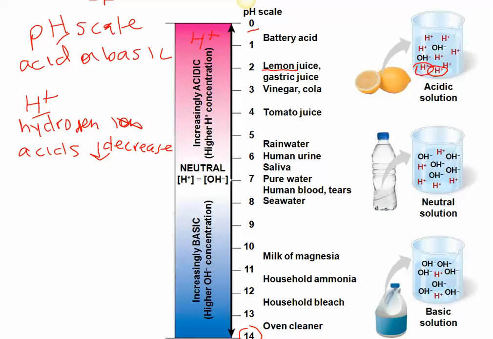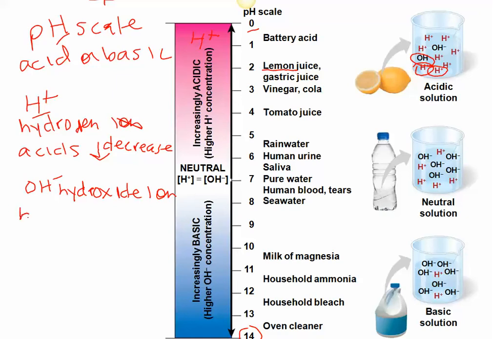But we notice there's another type of ion in the solution, OH negative. And OH negative, that is the hydroxide ion. That should be an R there for hydroxide. And the hydroxide ion comes from bases.